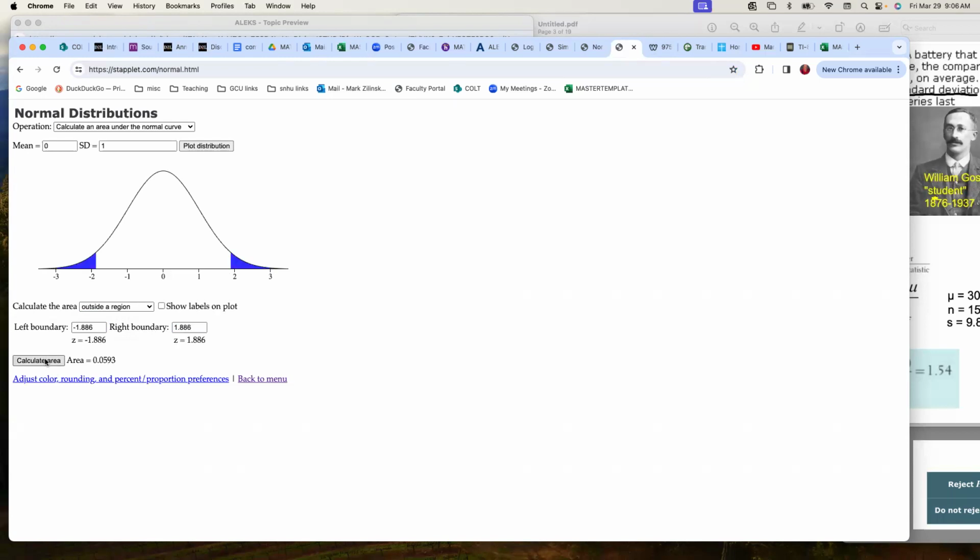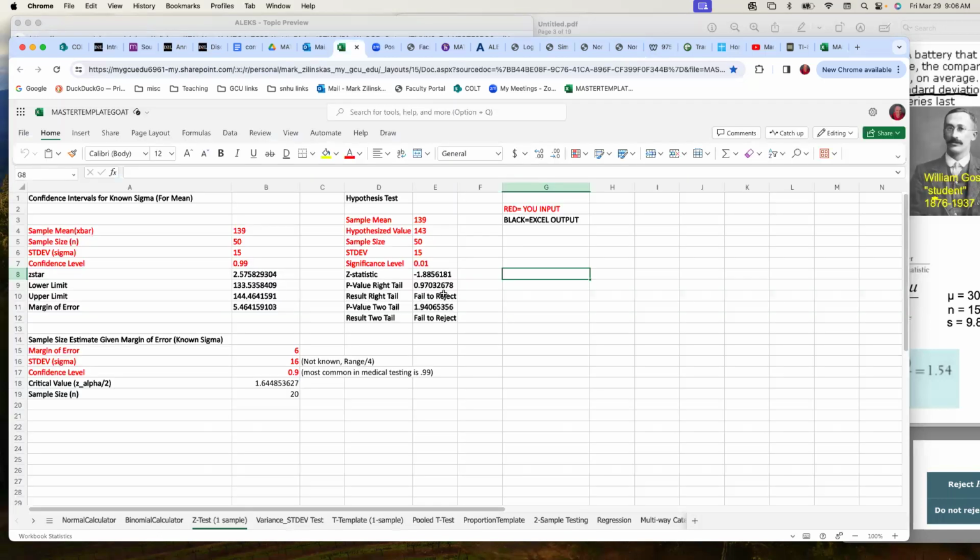There is the 0.0593. Okay. So what you're doing on your spreadsheet is it's giving you the area from here all the way down here. That is that 0.97. Okay. So it's only giving you the right tail, so to speak.